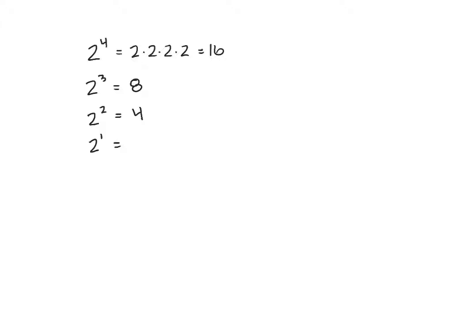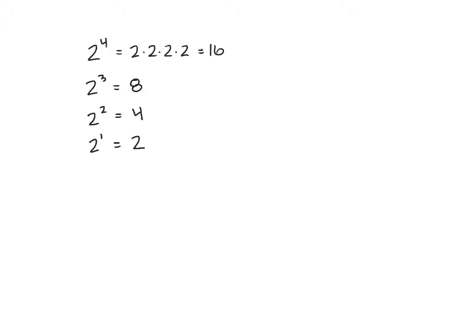All right, let's start by looking at some patterns of things we know about positive exponents. So, if I ask you 2 to the 4th power, we've talked about how that would be 2 times 2 times 2 times 2. So that's 16. And then if we had 2 to the 3rd power, that would be 8. 2 to the 2nd power, we know is 4. 2 to the 1st power is 2.